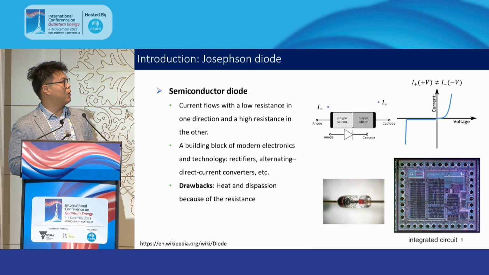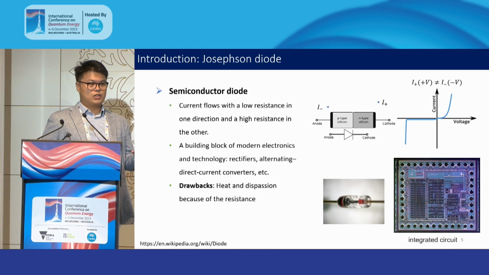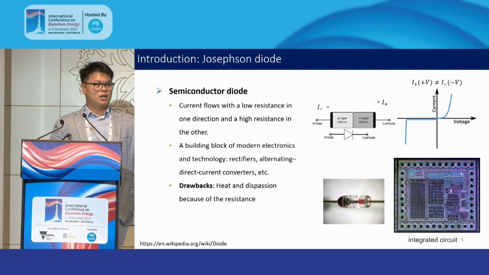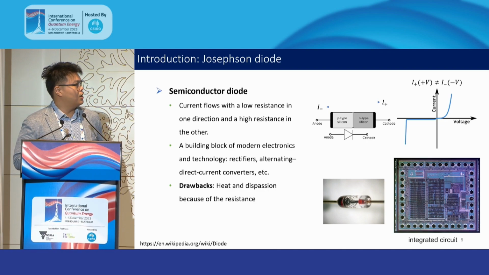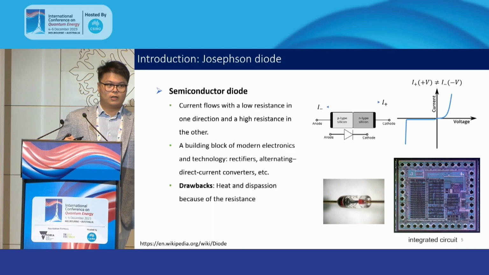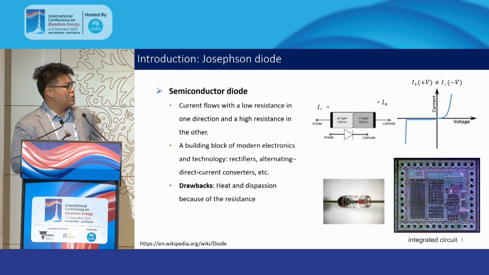Because when we talk about a diode, we usually talk about a semiconductor diode. It's obvious that the current flows in one direction with very low resistance, and for the opposite direction, the resistance becomes measurable. This is a building block of our modern electronics, our smartphones, our LEDs, which are based on this semiconductor device.